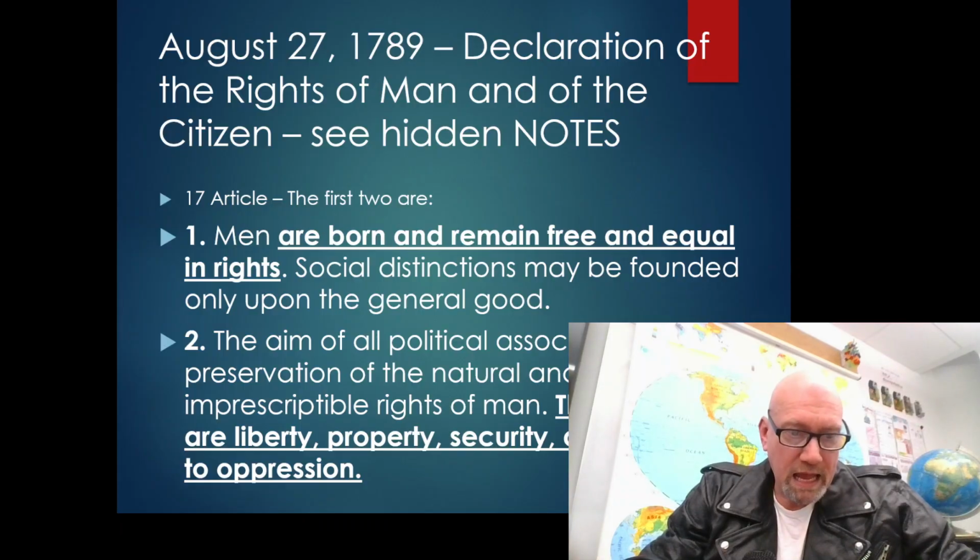Article 2. The aim of all political association is the preservation of the natural and imprescriptible rights of man. These rights are liberty, property, security, and resistance to oppression.